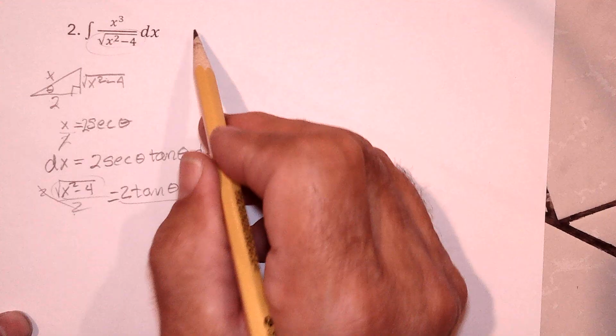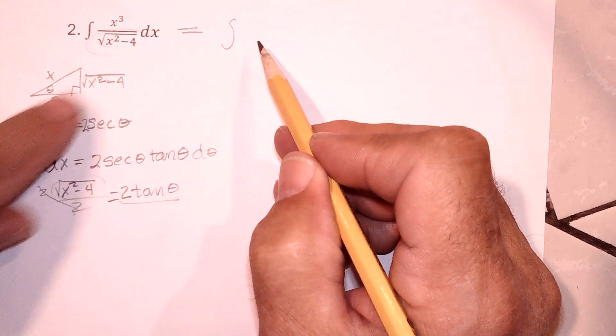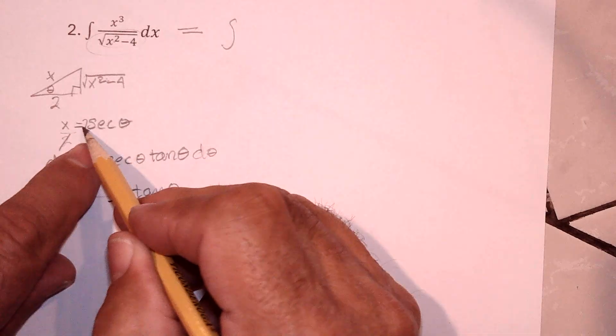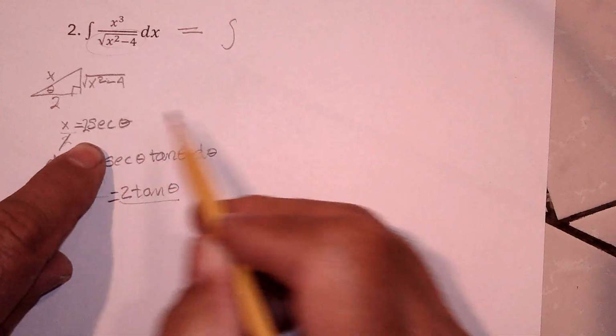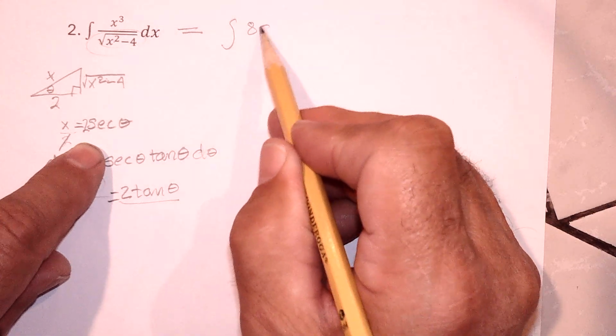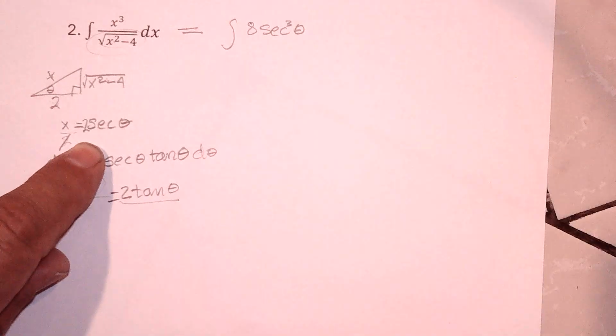So this problem becomes x to the third. So that's 2 to the third secant of theta to the third. So that's 8 secant to the third theta.